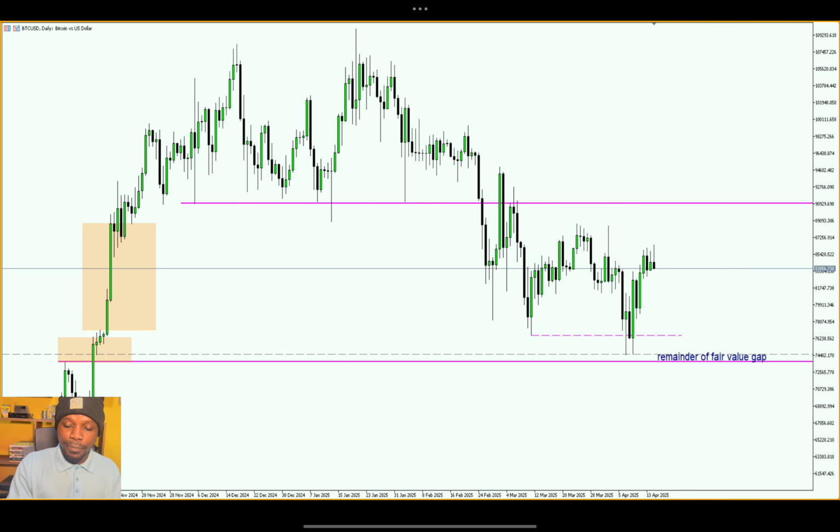That quick rally up, that's what ICT regards as an order block. So now we could see how beautifully that order block has been formed in here on the daily time frame. And then price retraces back into the order block and then continues to surge up further higher.